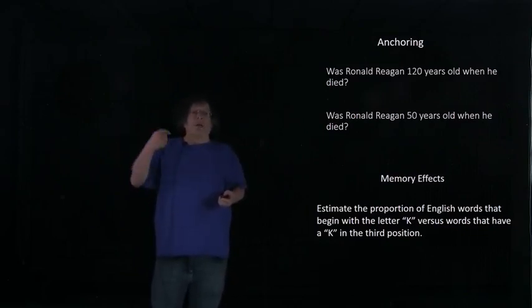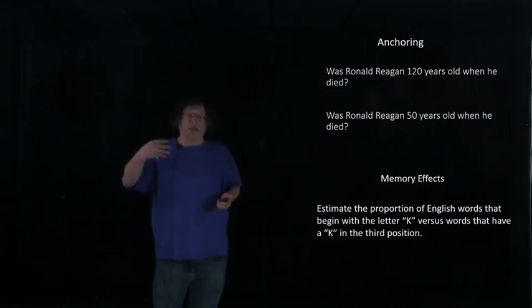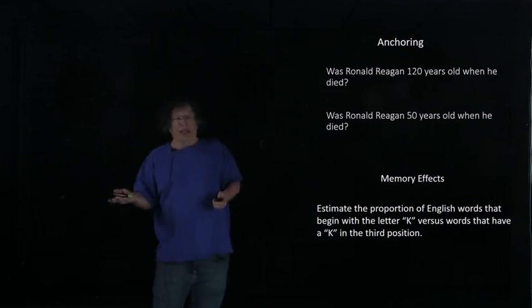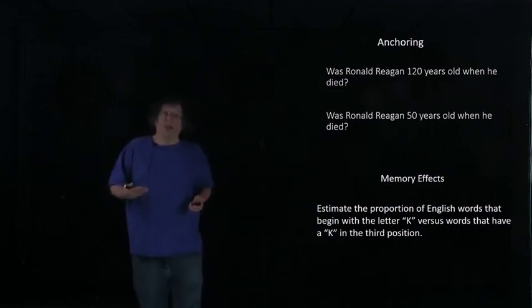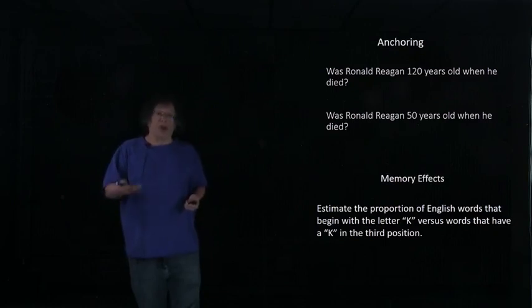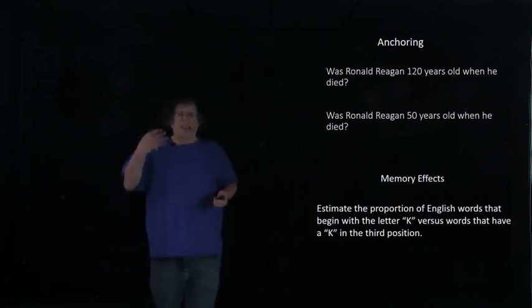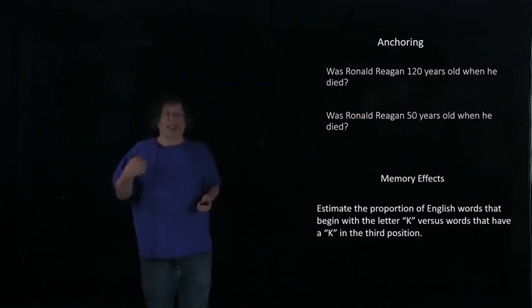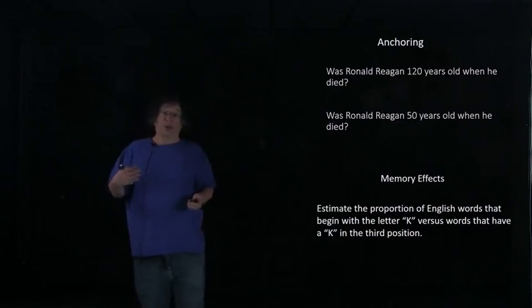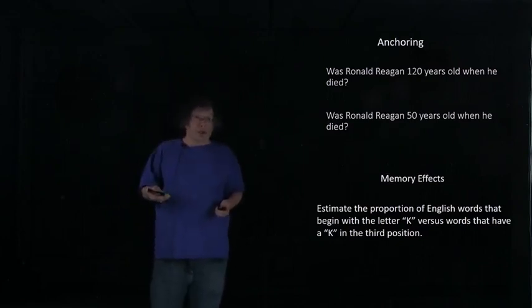In any event, when people are asked to come up with words that either have K in the third position or K in the first position, they find it easier to come up with words with K in the first position. That's an easier job. They can think of the words that they know that begin with K. It takes more effort to think of the words that we know with K in the third position.